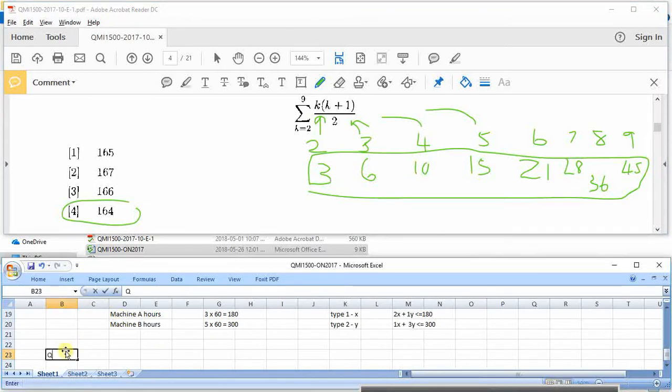What number question was this? Question 7. Okay, option 4.